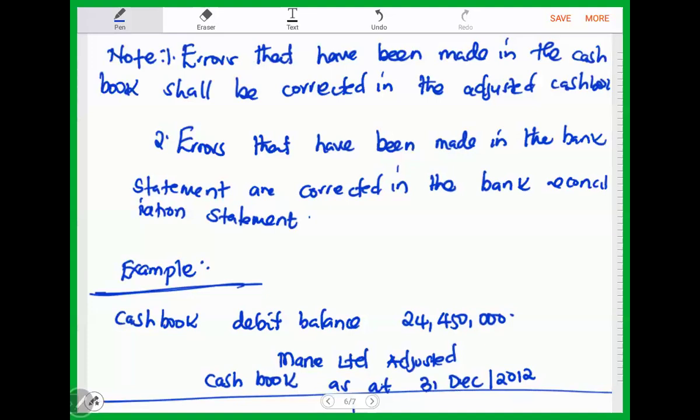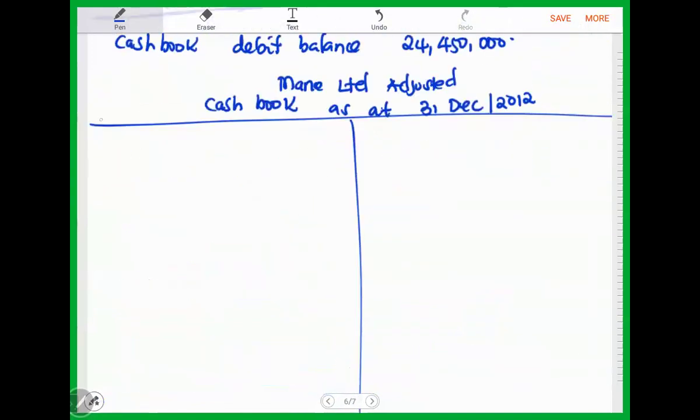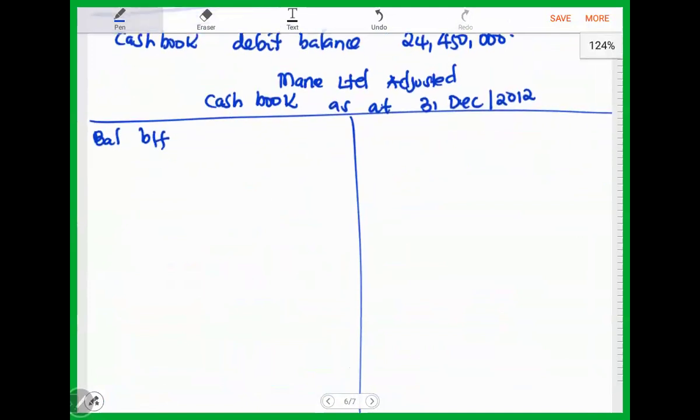They said that the cash book balance had a debit balance brought forward of 24 shillings in 1,000, 450.